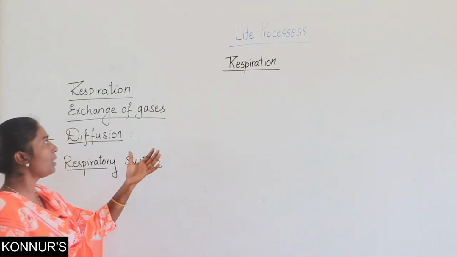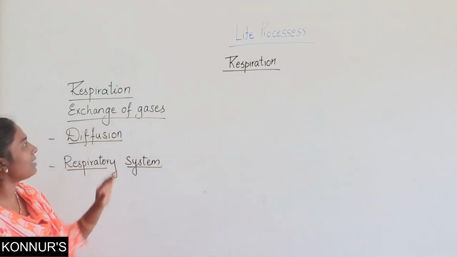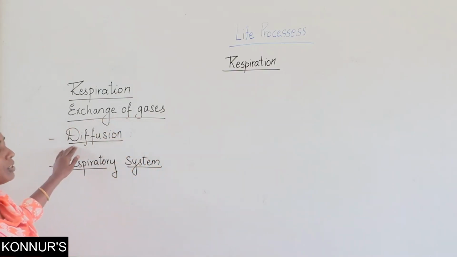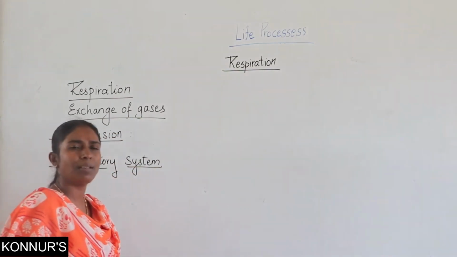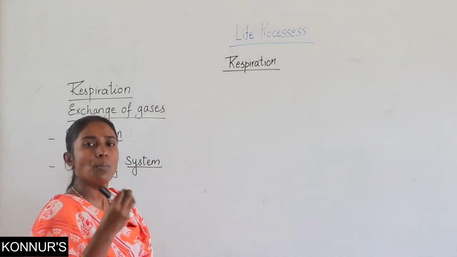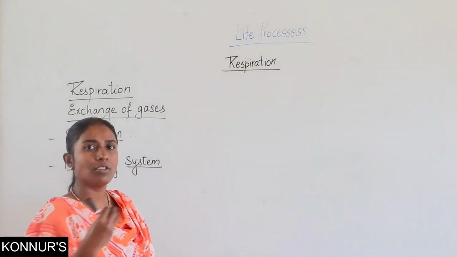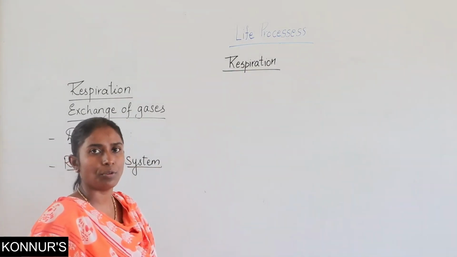Here are the two ways by which exchange of gases takes place. One is by the process of diffusion. What is diffusion, children? In a simple definition, diffusion is the movement of molecules from higher concentration to lower concentration, right?